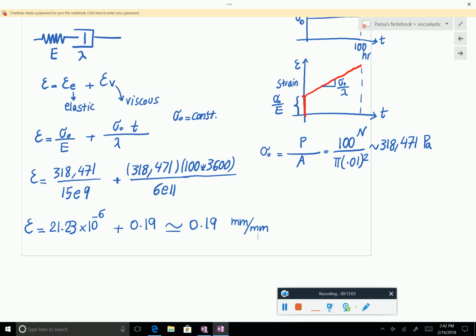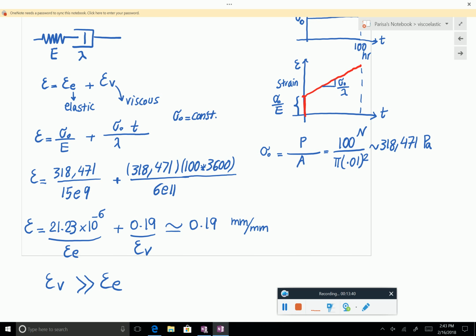And if you substitute for the two parts, we have 21.23 microstrain, that's micro, elastic, and 0.19 viscous. So what we see is that the viscous deformation is much larger than elastic. This means orders of magnitude larger.